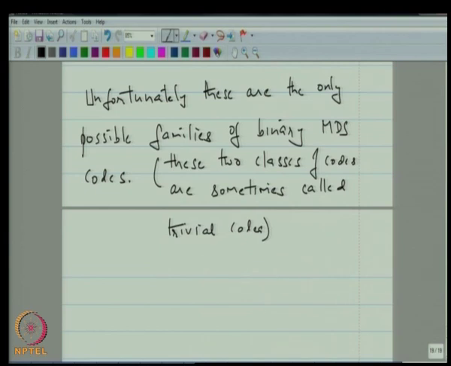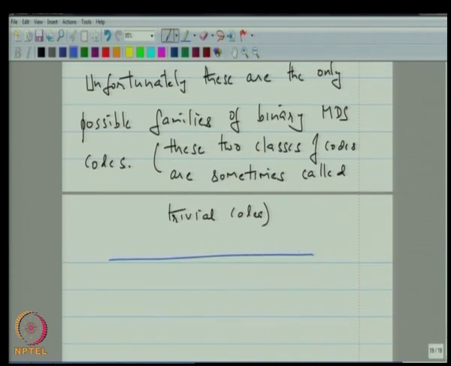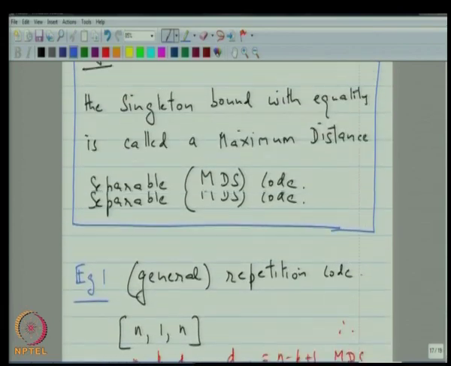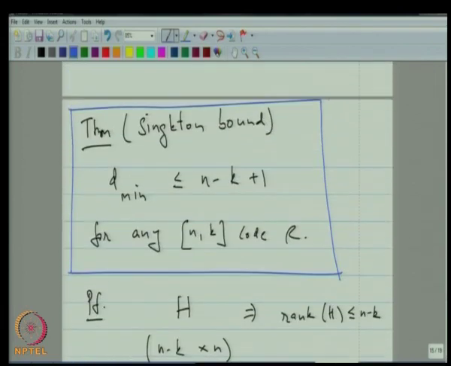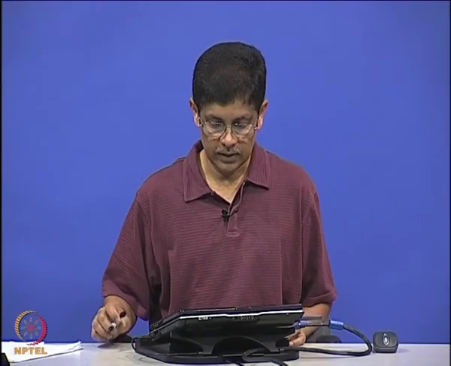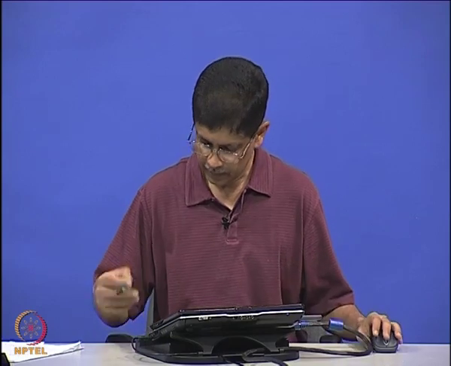Now, we will introduce a new topic, which in a way you could view as continuing this theorem. This theorem provided us a bound which relates some of the parameters of a linear block code. So, now we are going to give other bounds.